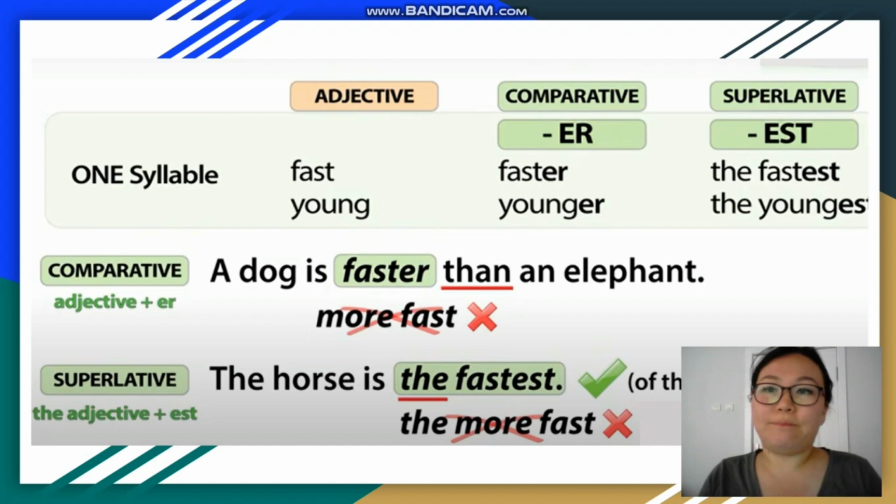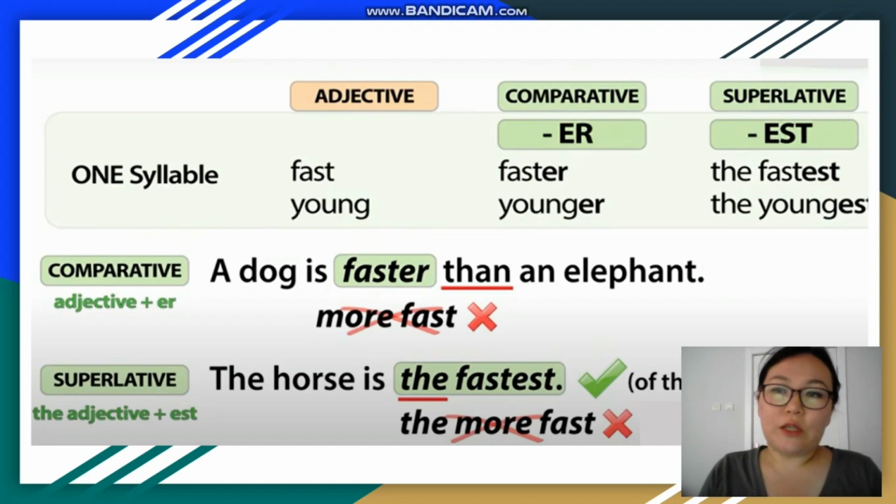And to make a superlative, we add est to the end of the adjective. For example, fast becomes the fastest and young becomes the youngest.